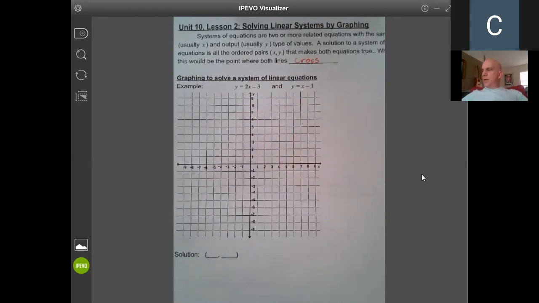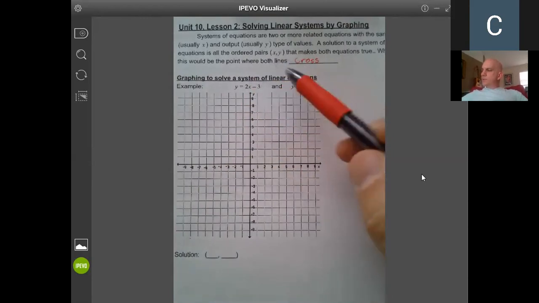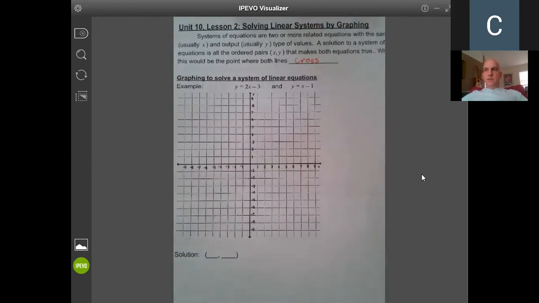We need to know how to graph, so we'll review how to do that real quick using, in particular, slope-intercept form. We don't want to try solving systems by graphing using a standard form equation.